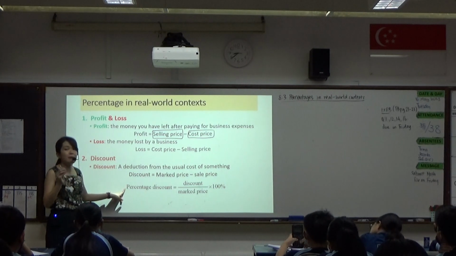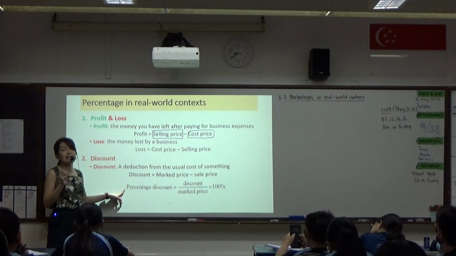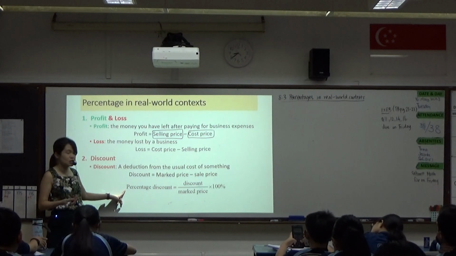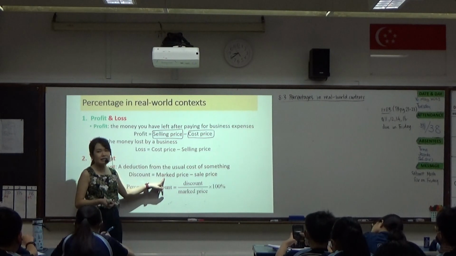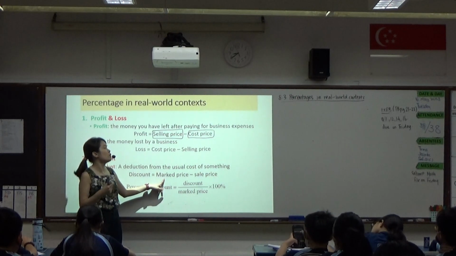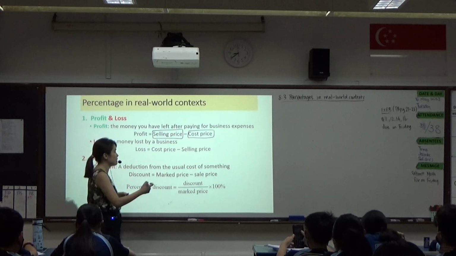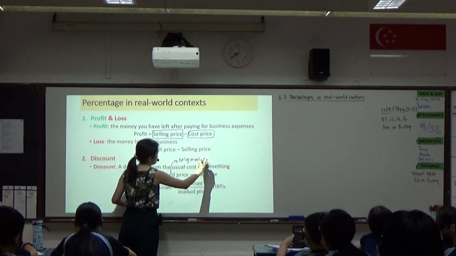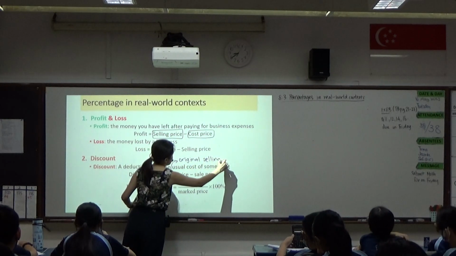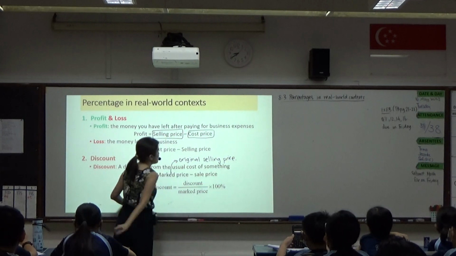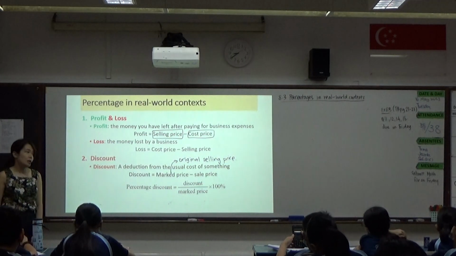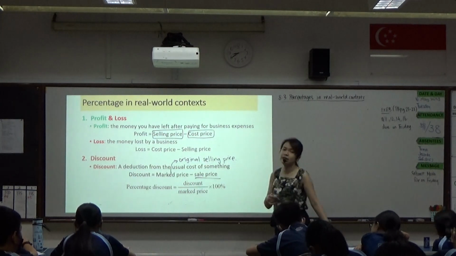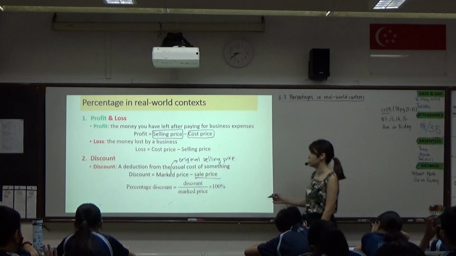It is different from percentage discount, where, as the word suggests, it is supposed to be a percentage. Now what is mark price? Mark price will actually mean the original selling price. So you need to be aware what mark price actually means. And sale price, like what the word already suggests, is the price after discount.